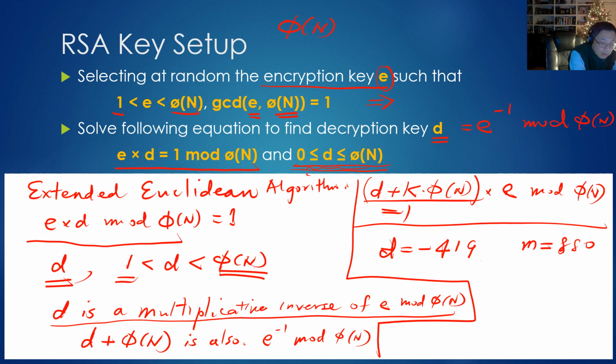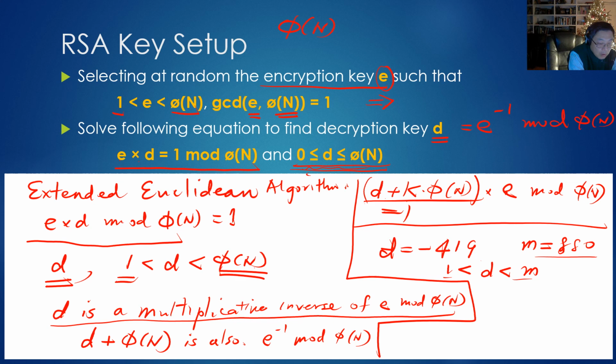So D is not in the range of 1 and M. How can we find a multiplicative inverse which is actually in that range?